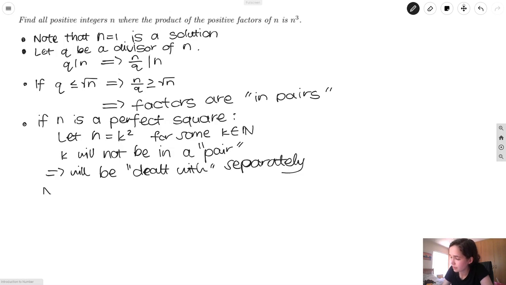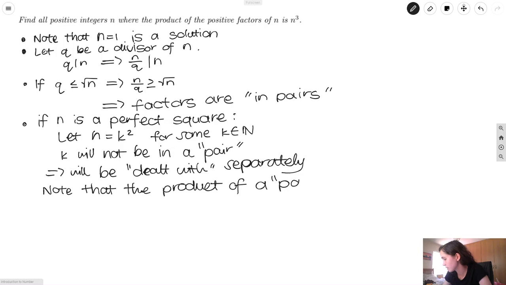So note that the product of a pair equals n.